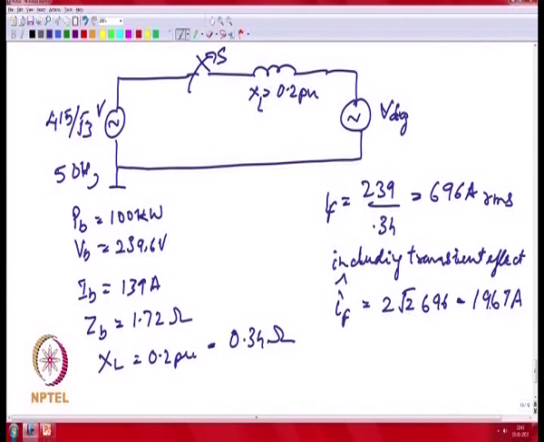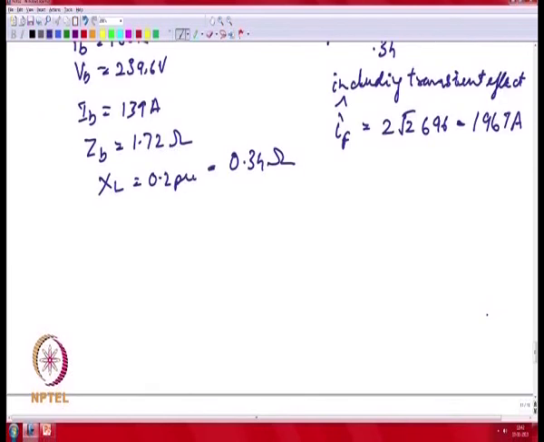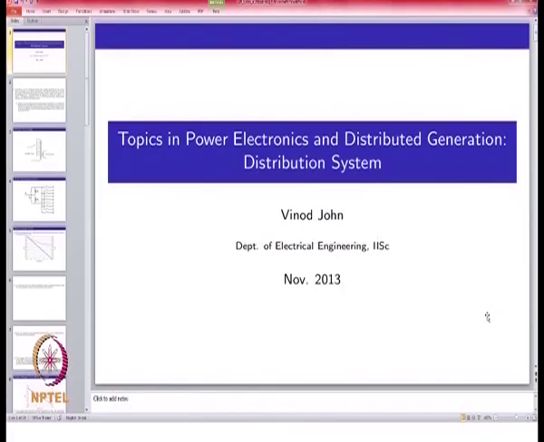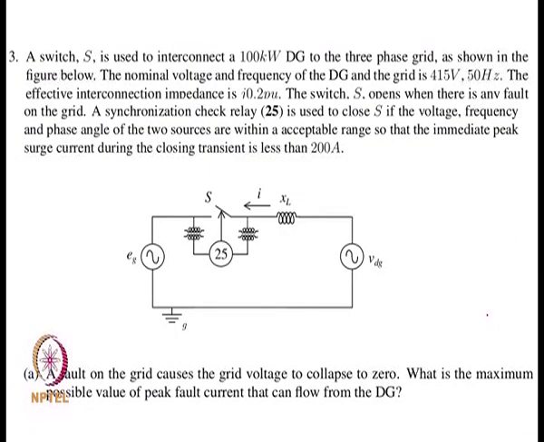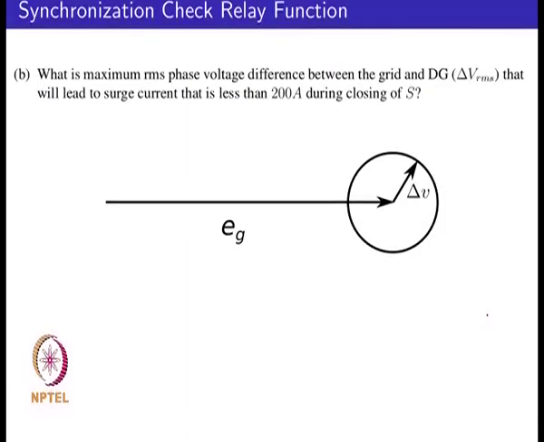So, the second problem is about what would be the maximum voltage error between your grid and the DG that can be allowed, the voltage error amplitude, so that your surge current is kept below 200 amps.